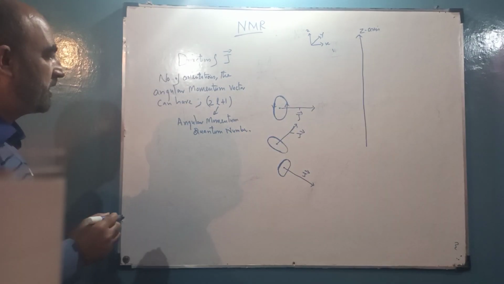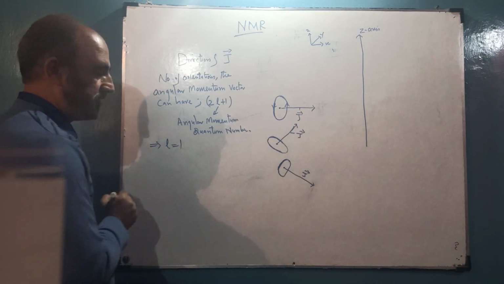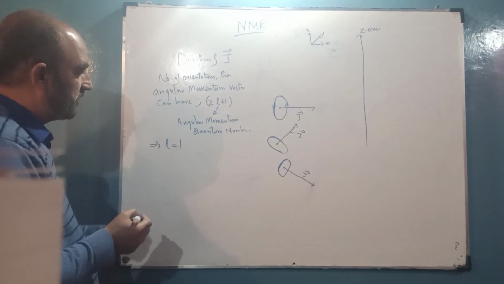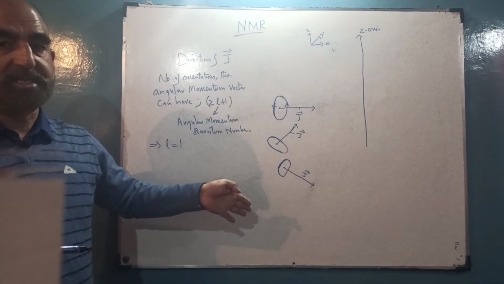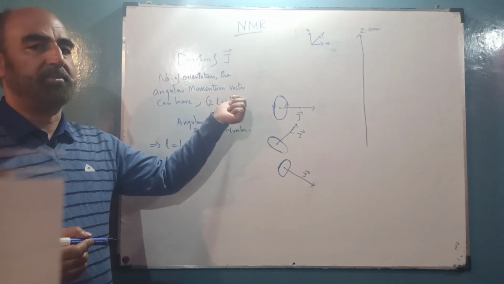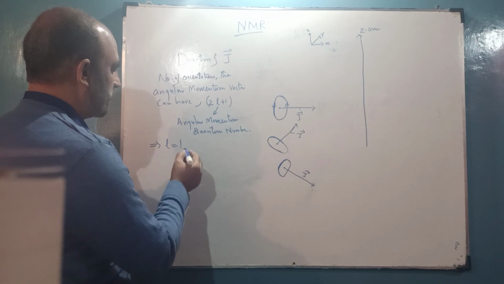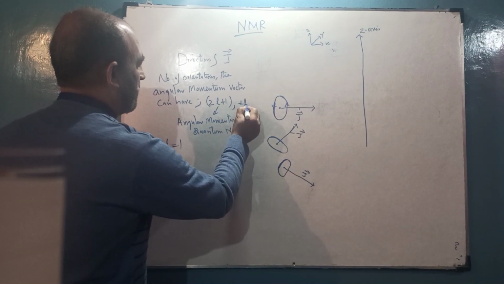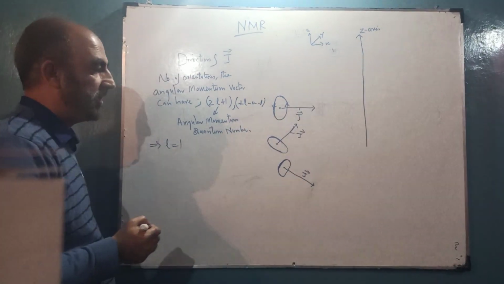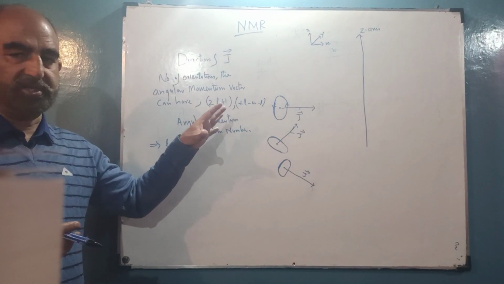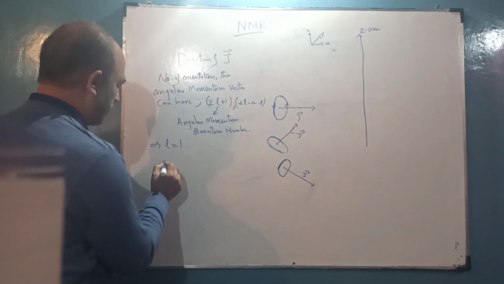Now, for example, if the value of L is 1, then the total orientations of this angular momentum vector vis-a-vis a reference axis can only be 2L plus 1, and the values will start from plus L through 0 to minus L. Now, in order to specify those orientations, we use one more quantum number, called the magnetic quantum number.